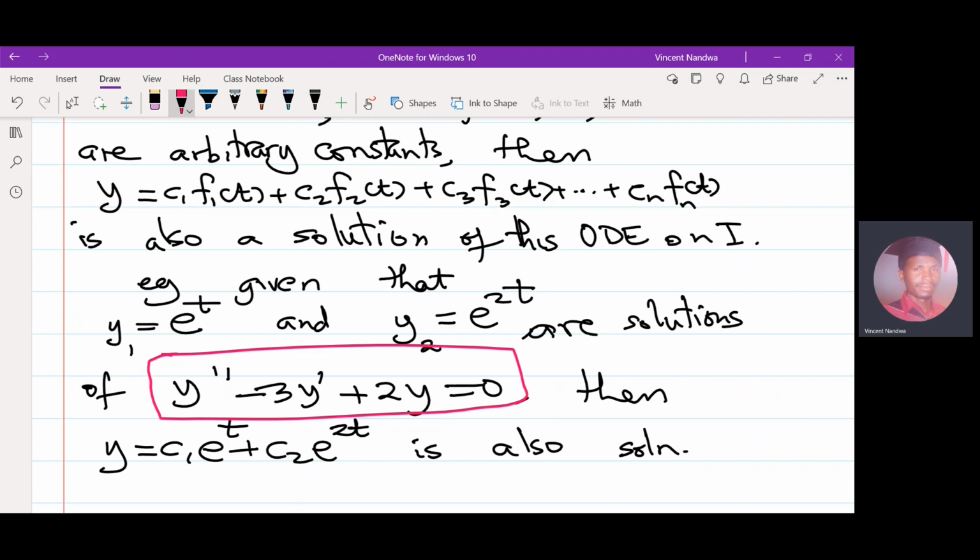You can only be pinned down if they insist, if they write this as a function of time. If they put t here and y of t, then you have to use t. But if they leave it open, you can either use x or t. All of them will be accepted.